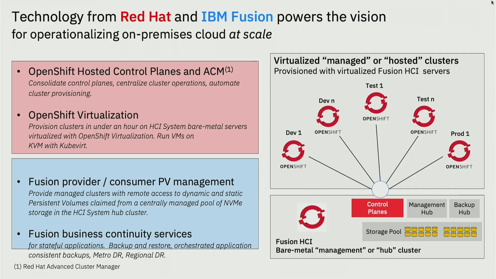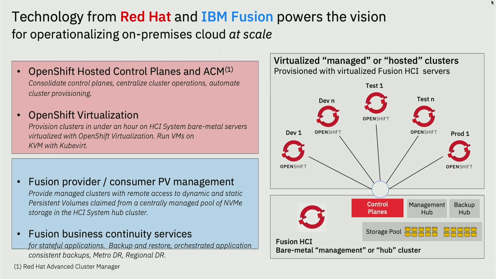We do support a regular OpenShift deployment, so basically a bare metal deployment. You have a single OpenShift cluster and that's it, you're up and running. We also support hosted control planes. With our control plane nodes, we deploy the HCP control plane, and then using OpenShift virtualization, we create hosted clusters.